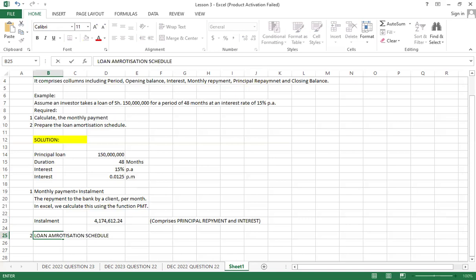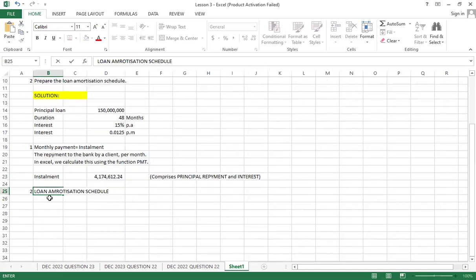All right. We have mentioned the columns for it. The first column is period. Now this is followed by the opening balance, which allow me to call the balance brought forward.